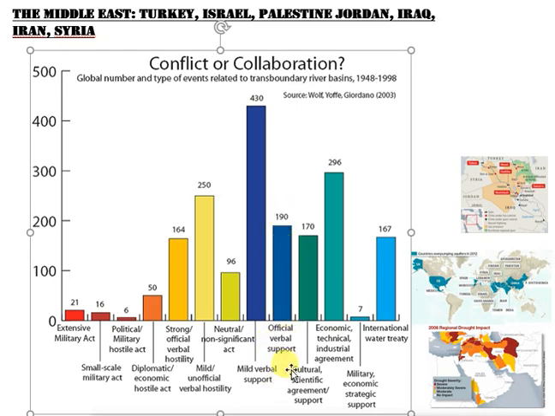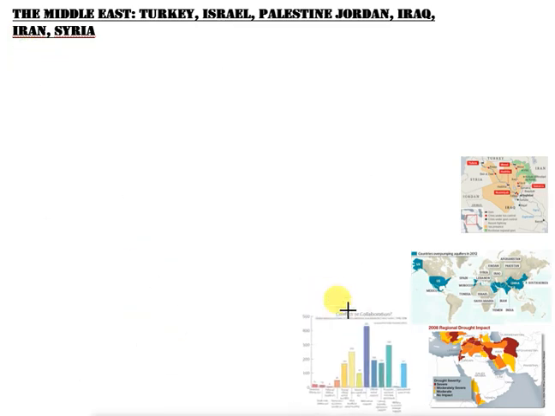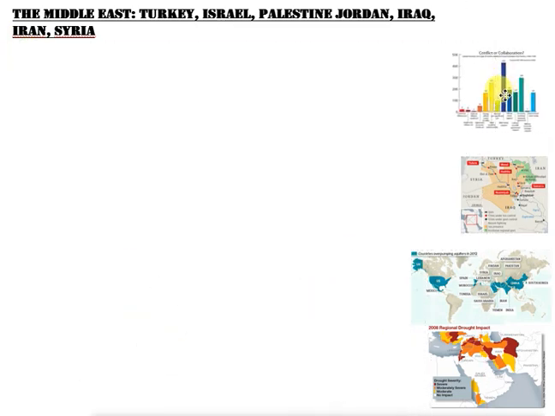I might not sign an agreement, but one key player said to another key player, "Oh yeah, we like what you're doing there. Thanks for considering us. Happy days." So it's not all bad. One interesting point to note is this graph is slightly outdated, 1948 to 98. The situation's probably changed a little bit because of the increase in water vulnerability.